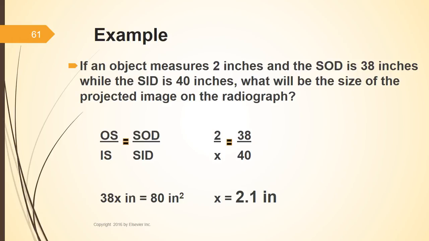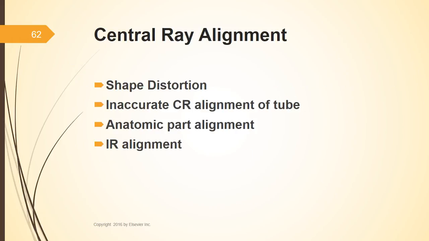Because inches squared divided by inches, now your squared goes away. I know that sounds confusing, but that's just a mathematical thing. But now you have the answer of 2.1 inches. So you've got the same answer as when you did this other formula, but you were working in a different way. Sometimes you may be asked what is the magnification factor, but sometimes it may be what is your image size versus your object size. Okay? I'll try and explain it a little bit later.